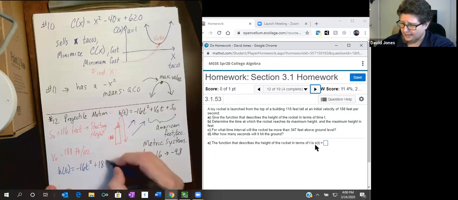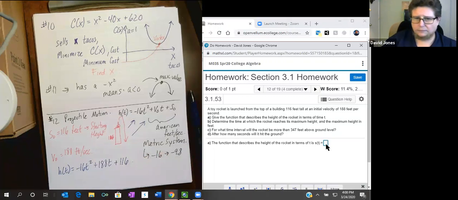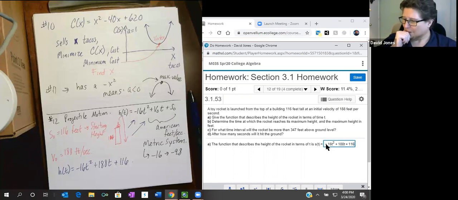Negative 16t squared plus 188t plus 116. Did I use all the numbers they did? 116, 188, negative 16, good to go.